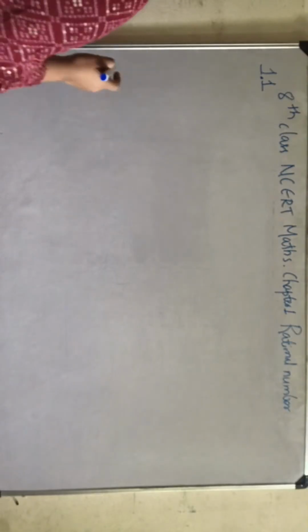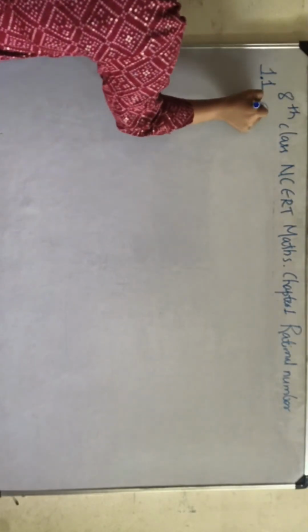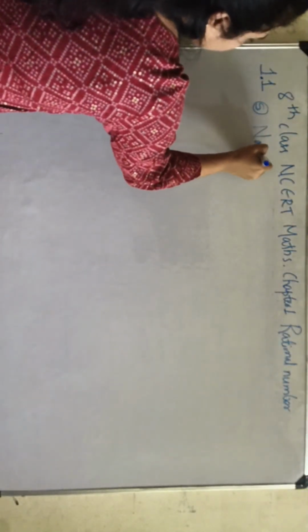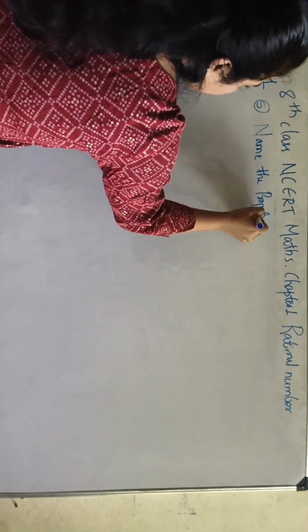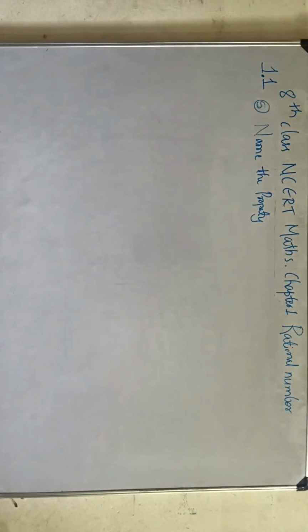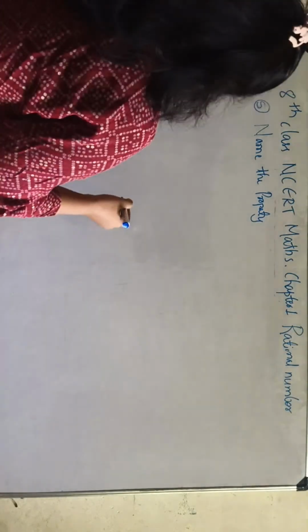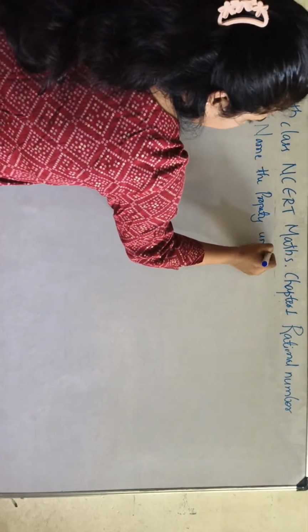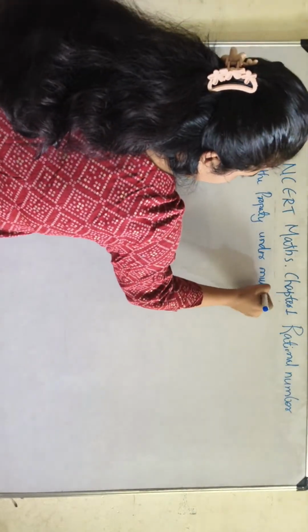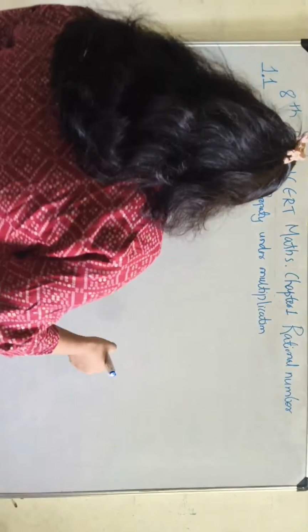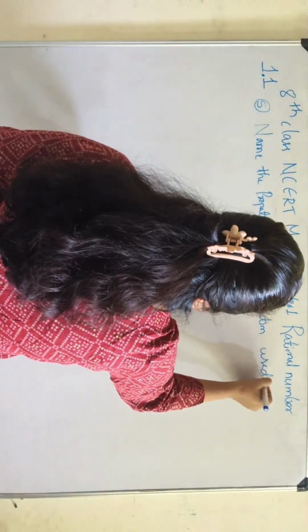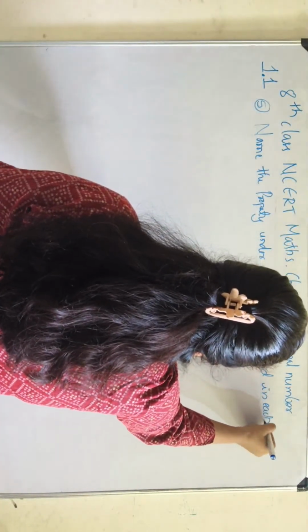See here, it is question number 5. Name the property under multiplication used in each of the following.